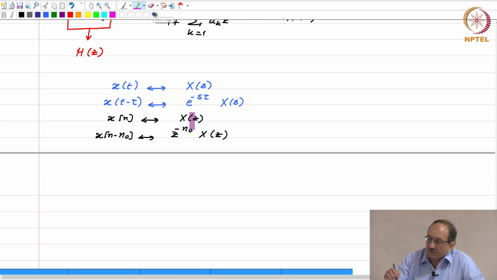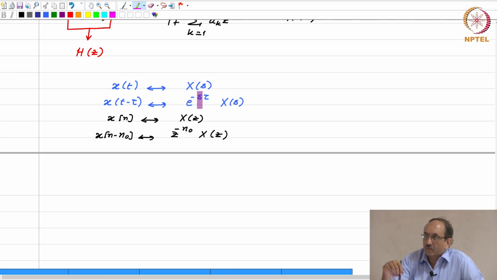Okay, so if you compare these two, is there any point that kind of jumps out at you? Suppose your original system had X(s) rational. What about this thing? Is it still rational or does it take it out of that class?